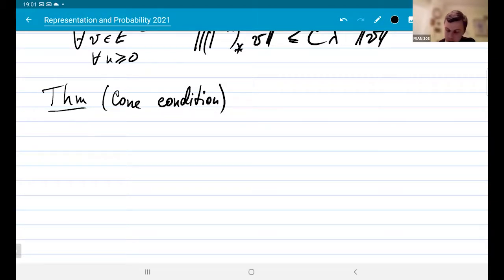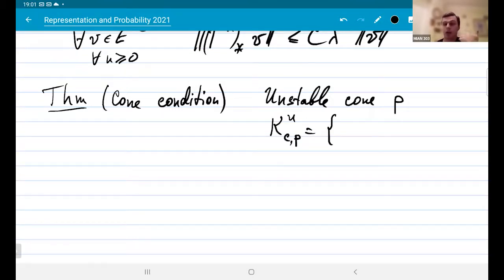Let me say that an unstable cone at some point P is the set of all vectors such that its unstable part is much longer than the stable one.